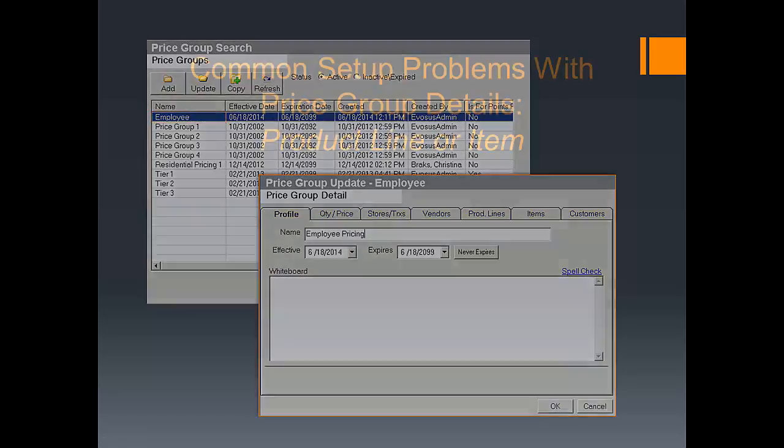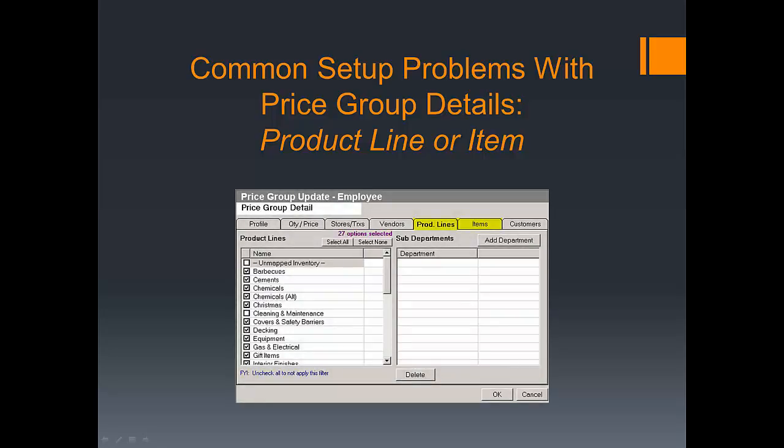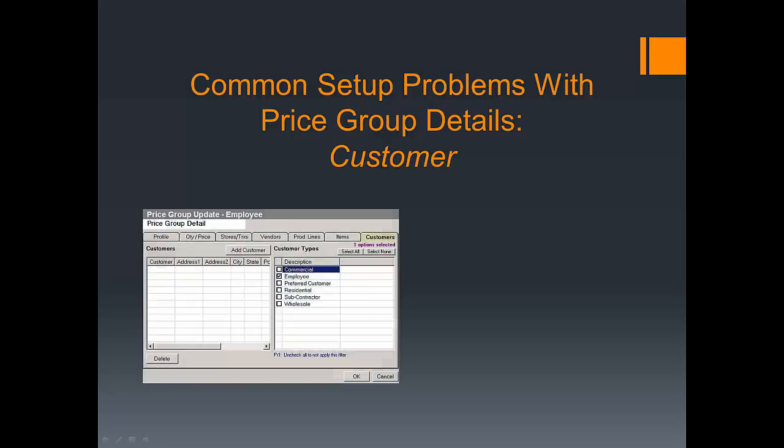The following are the most common setup issues with price group details: product line or item. For example, if your price group is filtered on product line, make sure the price group has the product line checked and you're adding an item from that product line. Next, check the Customer tab.